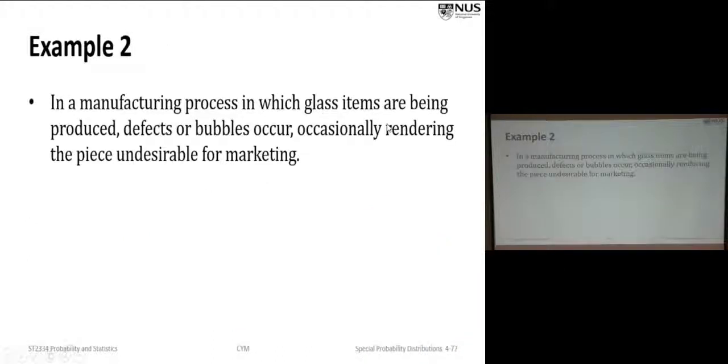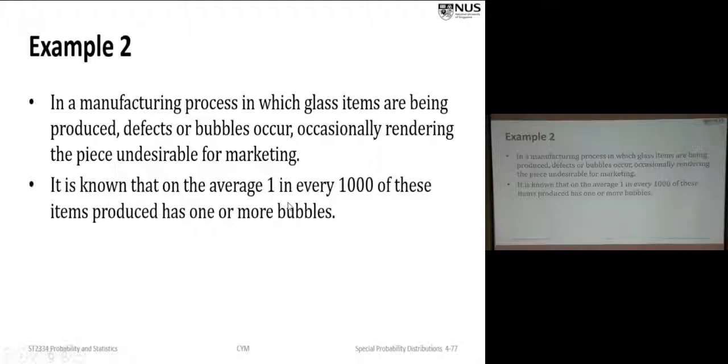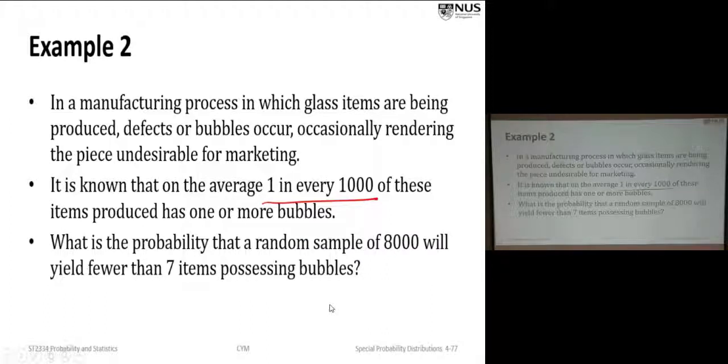Okay, here's another example. Suppose that these glass items have defects or bubbles. We know that on average 1 in 1,000 items produced has 1 or more bubbles. What's the probability that a random sample of 8,000 will yield fewer than 7 items having bubbles?